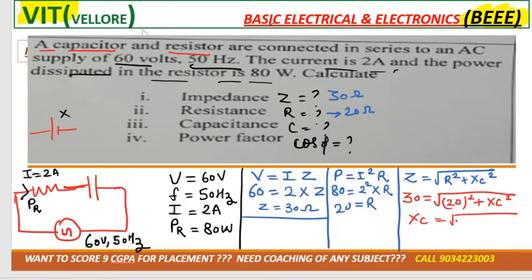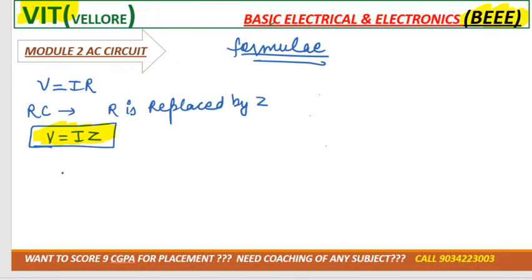That is root of 30 square minus 20 square. 30 square is 900, 20 square is 400. Calculate it and tell me the value. XC you got as 22.36, right?